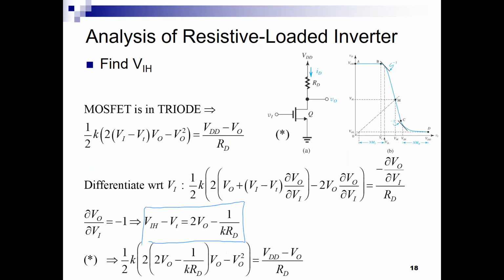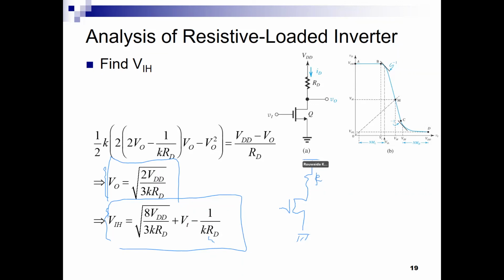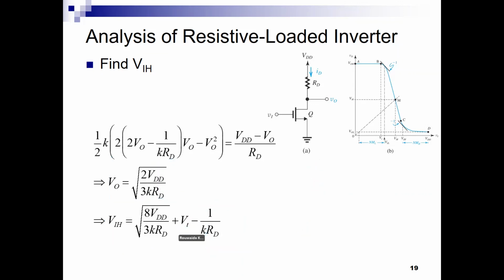Okay, the equation in the triode region is there. If we are given one, we find the other, or we can use the star below. And then we also have the results for VO and VIH at this specific point. So if I have a resistor-based inverter, I can find what VIH equals in terms of the parameters of the circuit: R, VDD and the characteristics of the transistor. The same for VO. Okay?